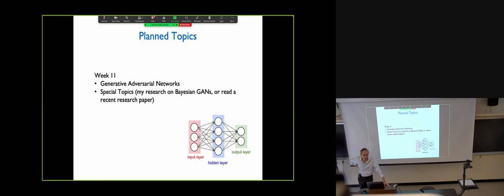For example, I can tell you a bit about my research if you're interested, or we can read a paper about the latest machine learning model, for example DALL-E, or anything you would like to read. We could do something like this.